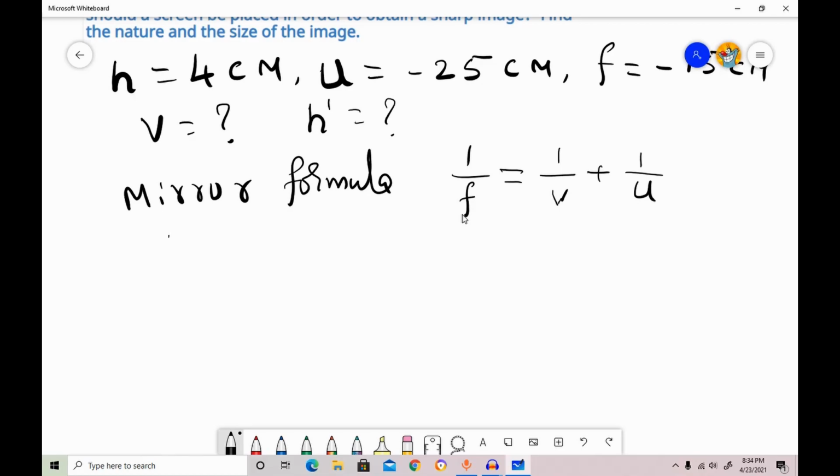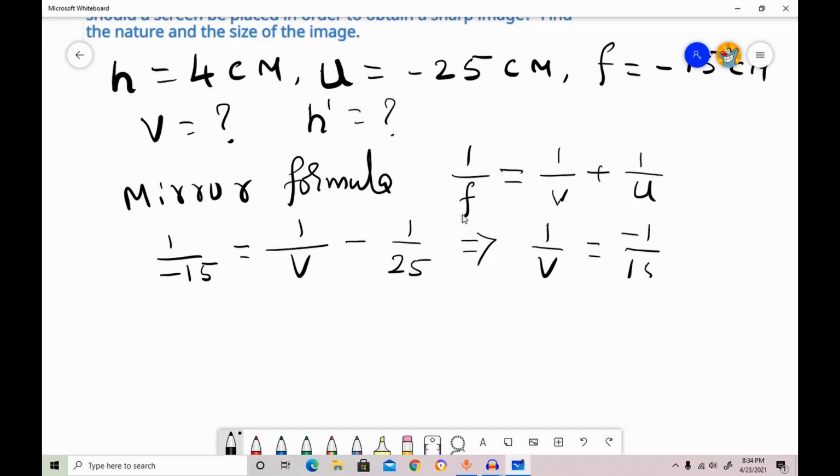Write 1 by minus 15 equals 1 by v, which we don't know, minus 1 by 25. So just rearrange the equation. 1 by v is minus 1 by 15, and the 1 by 25 goes to the other side and becomes positive.